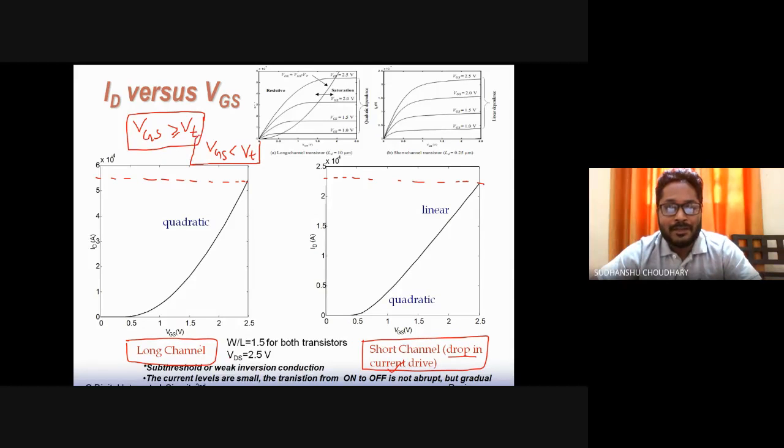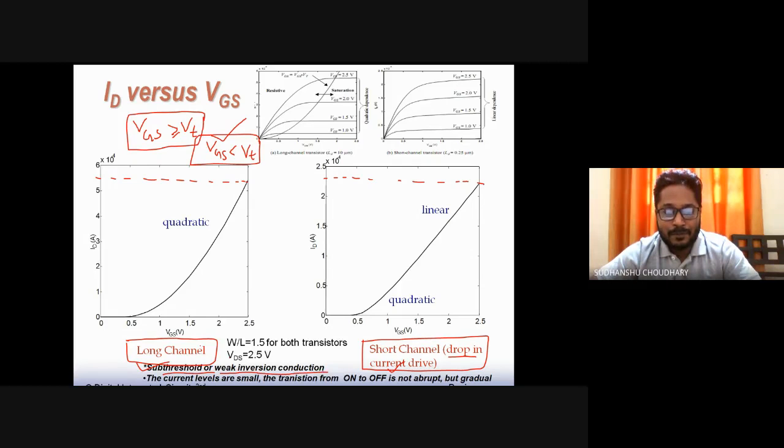This is because of a weak inversion channel. Maybe the channel is there, but it's very weak. Because of the weak inversion channel, conduction is still possible, that is, current is still possible even when VGS is less than VT. That defines my sub-threshold region of operation, or when there is weak inversion.